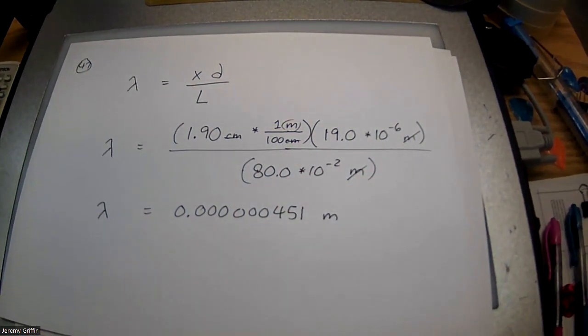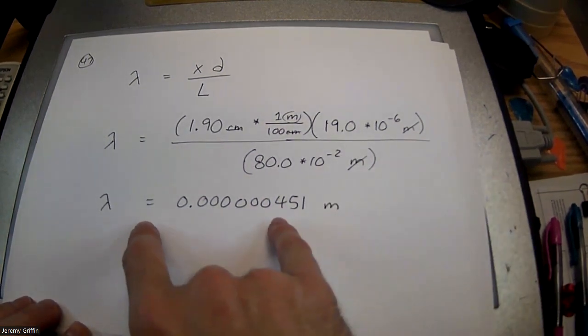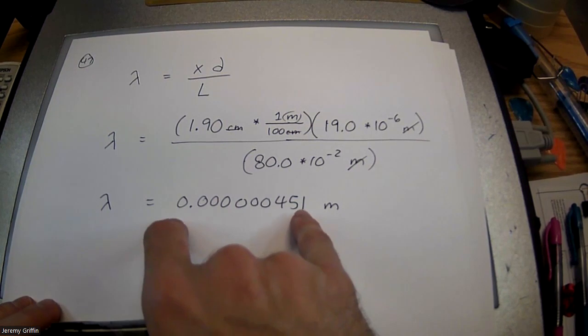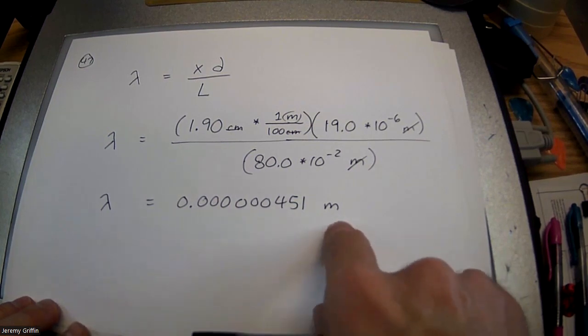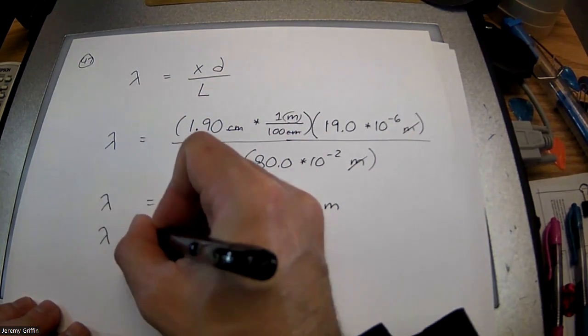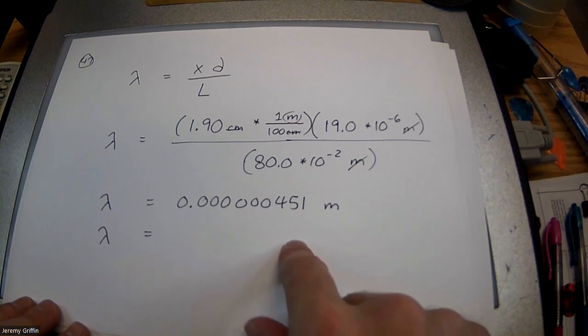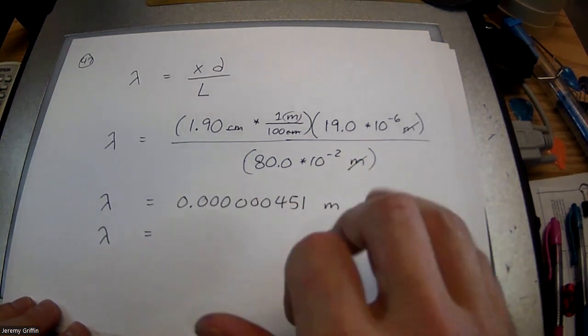Actually, I think that looks like a really good answer. I'll show you why. That's written out in long form, but maybe there are other ways you could write this. What would that look like in scientific notation, for example? Can you write scientific notation before I do?